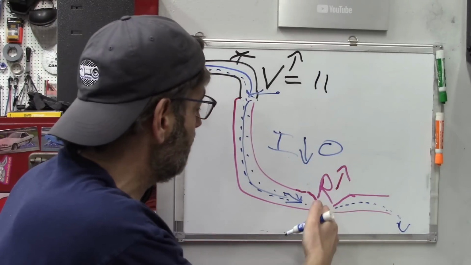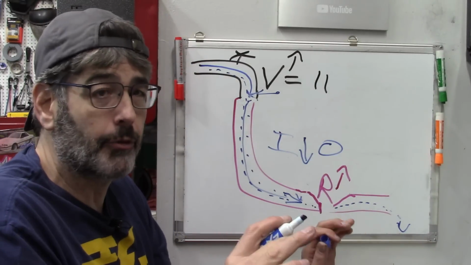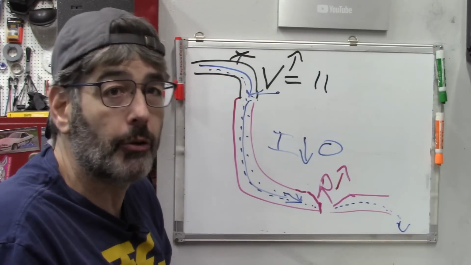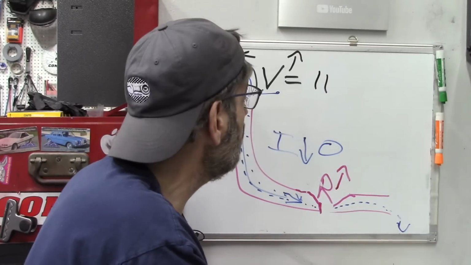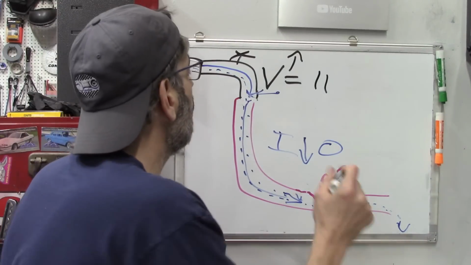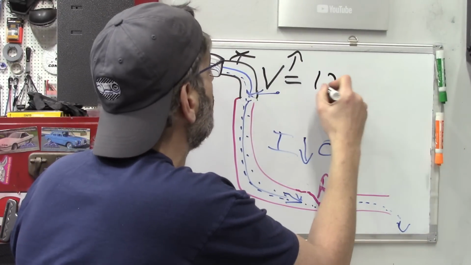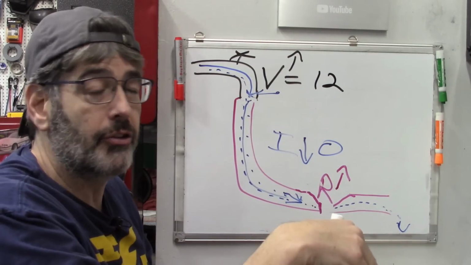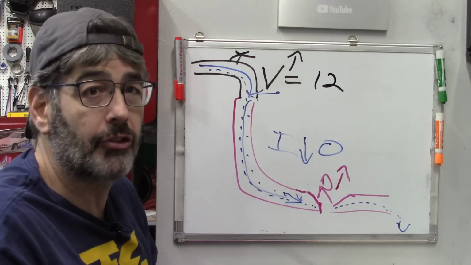If we have complete resistance, if we have infinite resistance, by blocking this off, we will have zero flow through there, no amperage, and of course, we will have the full voltage. Again, increasing resistance decreases flow, increases the voltage.